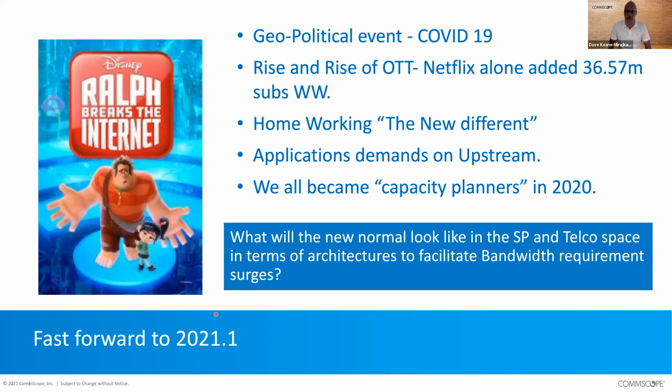But what will the new normal look like in the telco and SP space in terms of architectures? Obviously, I called out the need to facilitate bandwidth requirements and the surges, to make sure that we adequately provide capacity to meet spikes and troughs, but also how do we automate some of that?